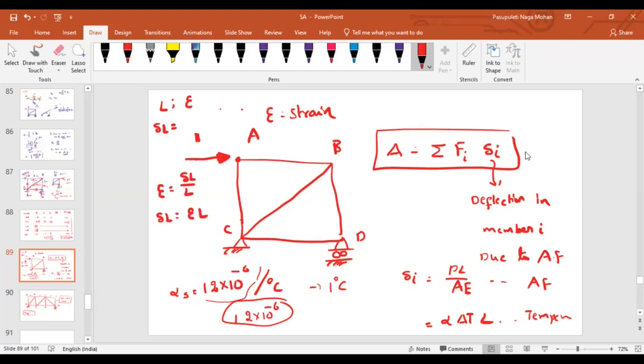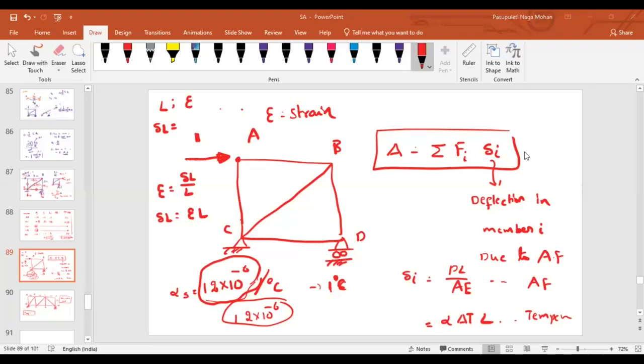Similarly, if there is a 1 degree change in temperature, how much strain is induced in the member? It is 12 into 10 to the power of minus 6. So this 12 into 10 to the power of minus 6 is nothing but the strain induced in the member.